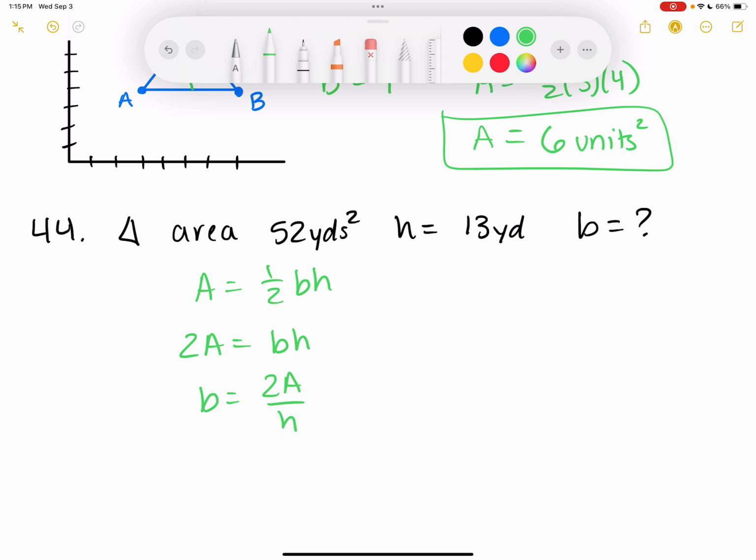If you want to plug in your numbers from the beginning, you can do that also, but I like this method. So 2 times 52 divided by 13. And when I do that, I get 8. So my base is 8, and we should put yards on there because they gave us units. If they give us units, we need to use them.